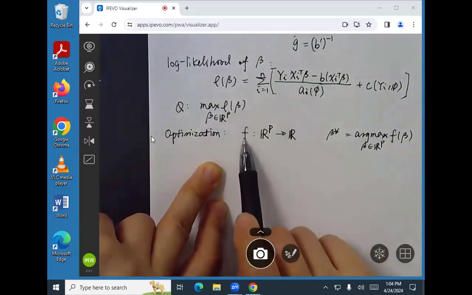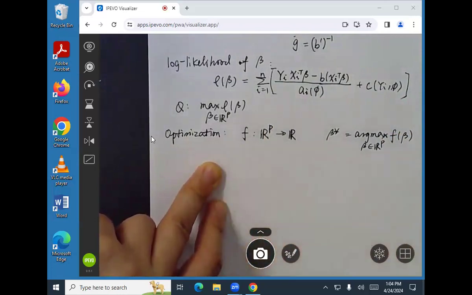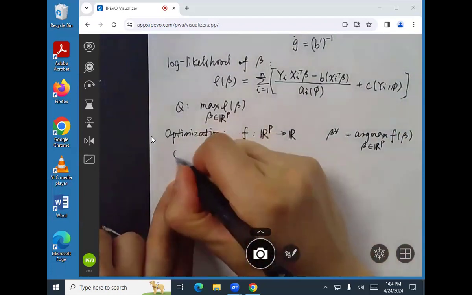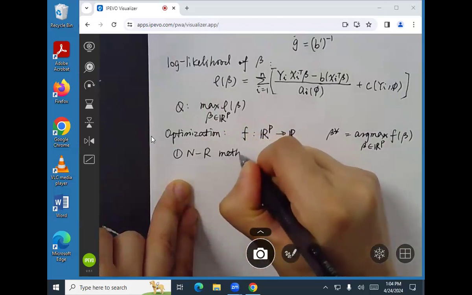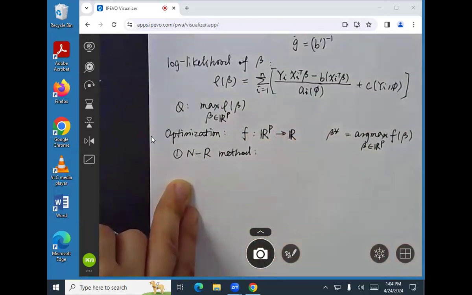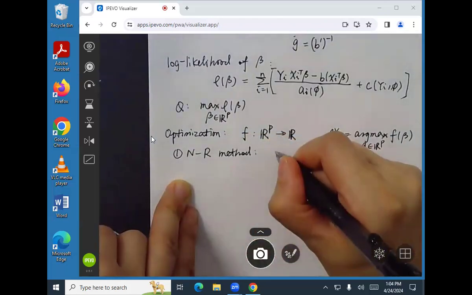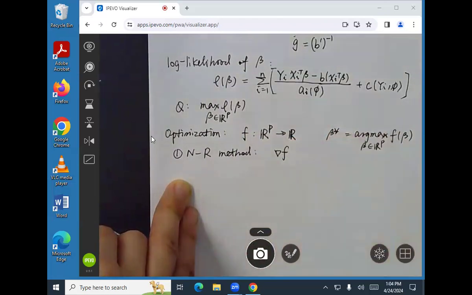So in our case, the function f is the log likelihood. And the Newton-Raphson, we call that NR method, is by Taylor expansion on the gradient of f.